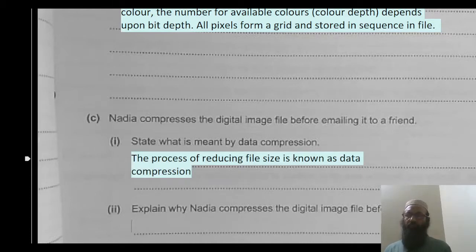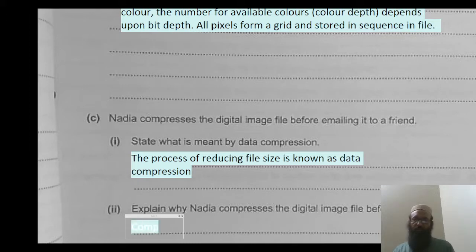Then the next part of the question says explain why Nadia compresses the image file before emailing it. If we have compressed an image, it will occupy less space on disk, it will be transmitted quickly, and it will consume less internet data.